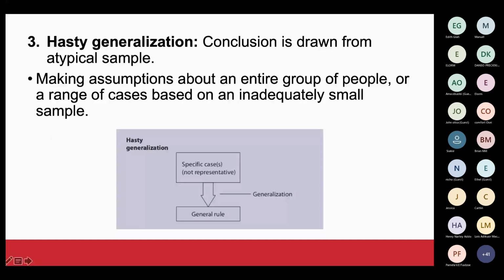We have hasty generalization. Hasty generalization is a situation when you use one example, one occasion, one simple occurrence to generalize as a rule for other occasions. It is a fallacy. For instance, those of you who have experienced broken hearts before, ladies, gentlemen, you have experienced a broken heart from this bad guy or bad lady.